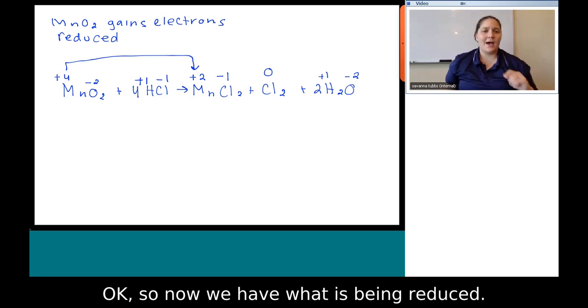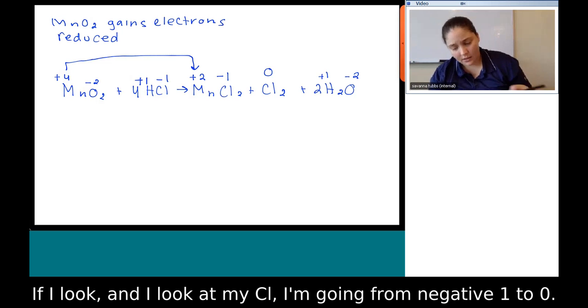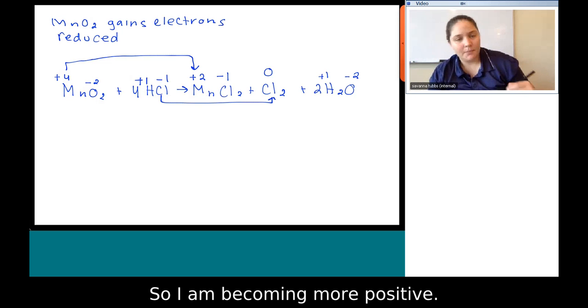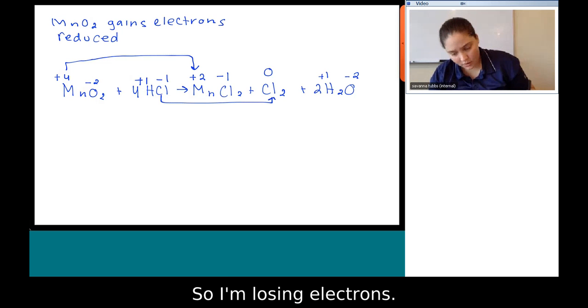Okay, so now we have what is being reduced. If I look at my Cl, I'm going from -1 to 0, so I am becoming more positive, so I'm losing electrons.